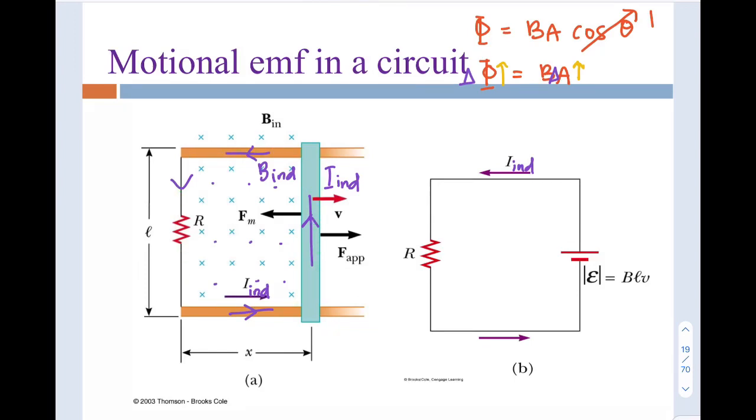This drawing, this physical situation, can be converted into a circuit diagram like this. The EMF here, again we are going to take a look later, is equivalent to BLV. So how to get this?